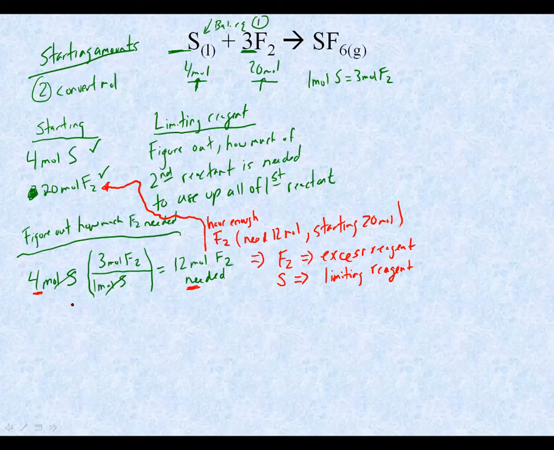This calculation is saying that if I want to use up all of my starting amount of sulfur, I would need to throw in there 12 moles of my F2. And we go back to our starting amount of F2, which was 20 moles. That means we do have enough, so the F2 in this example would be your excess, and by default the sulfur would be your limiting reagent.